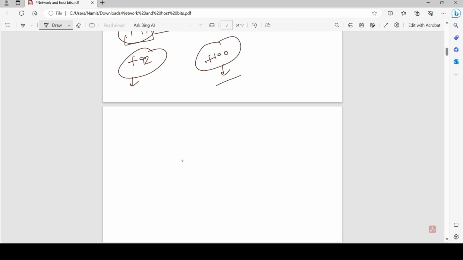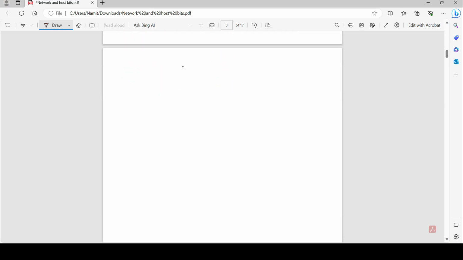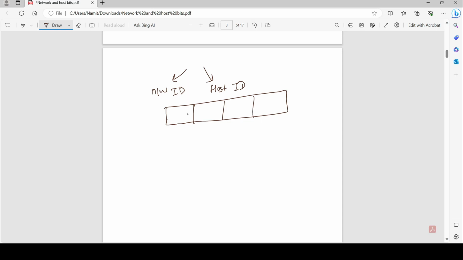So to sum up, what I meant to say is an IPv4 address is divided into two parts, that is network ID and host ID. Let me draw the structure once again. There were 4 octets, and each of these octets was 8 bits.